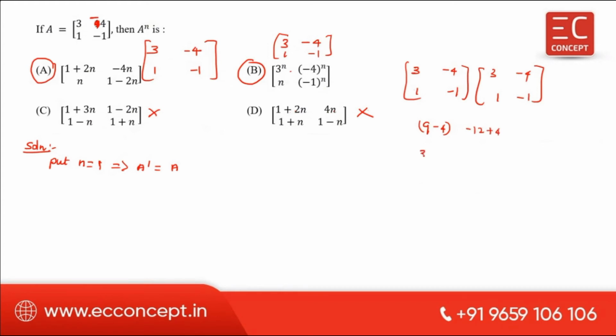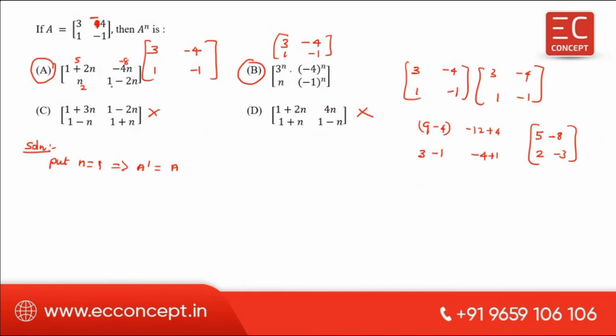Then 3 minus 1, and minus 4 plus 1. So this is 5, this is minus 8, 2, minus 3. So this is our answer, A squared. Now you have to substitute 2 in the options.